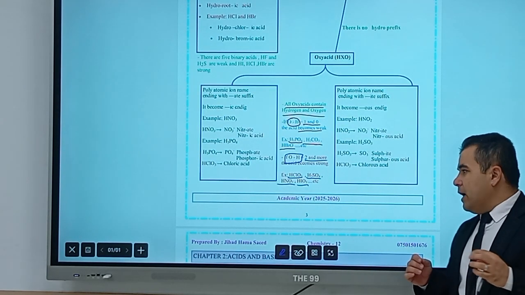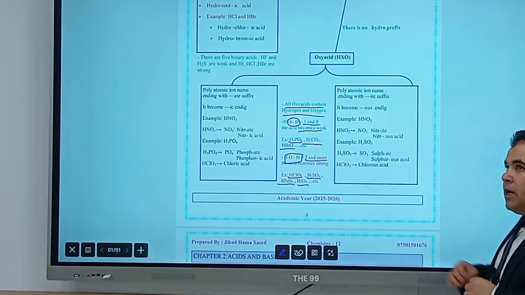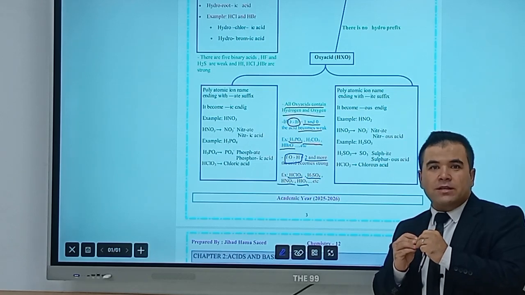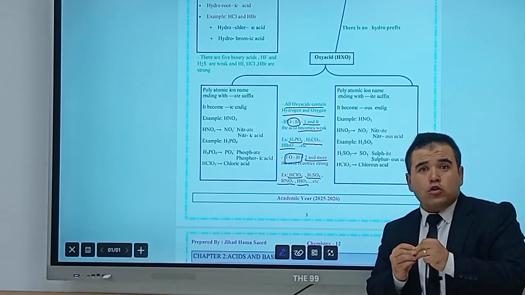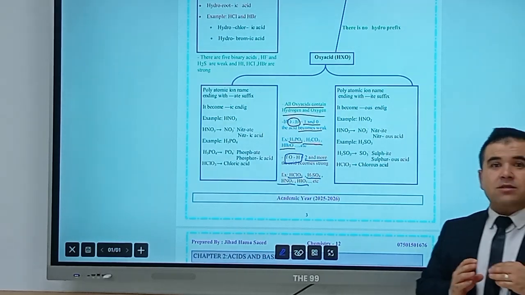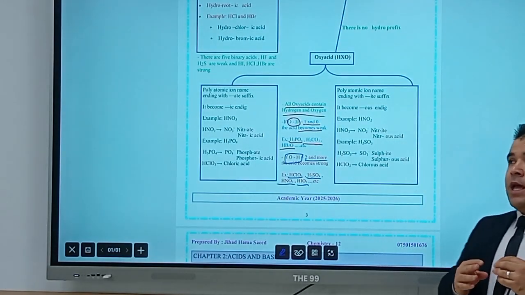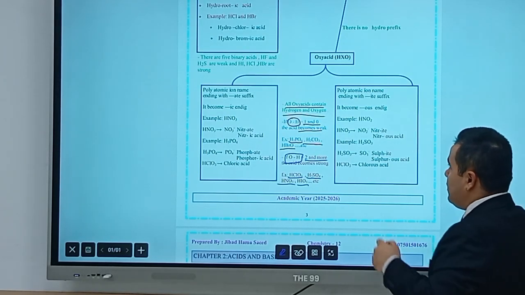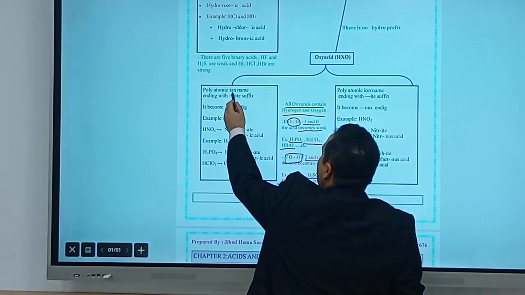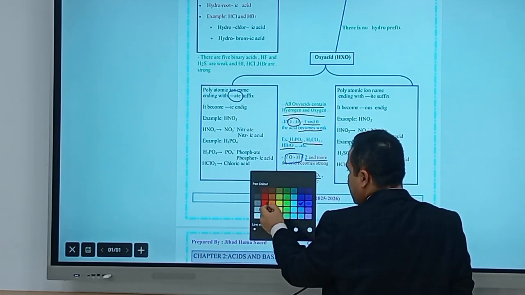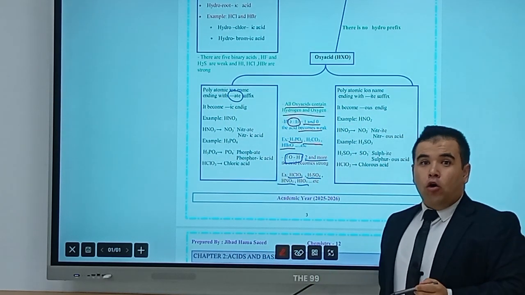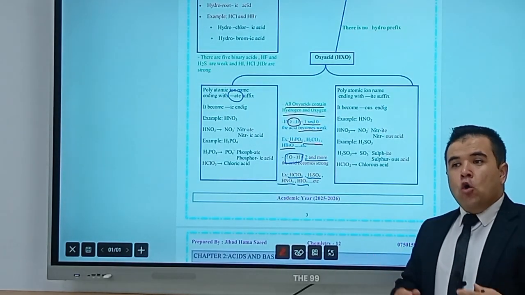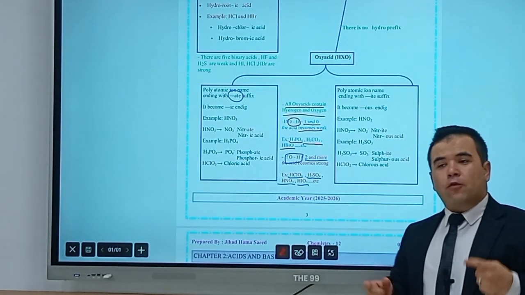For the nomenclature of them, it depends on the polyatomics, or we can say oxyanions. Oxyanions are those polyatomics which consist of oxygen in their structure. Some oxyanions end with ATE, so as the ending of the polyatomic is ATE, we replace ATE with IC for the acidic name.